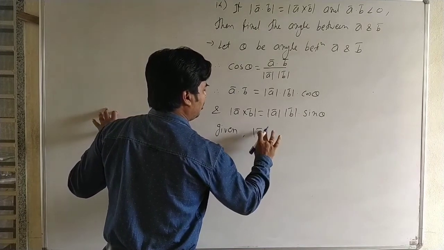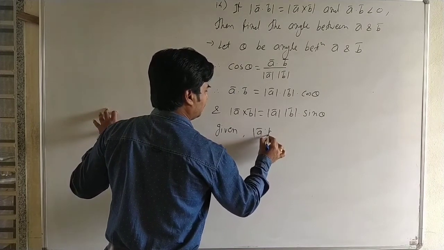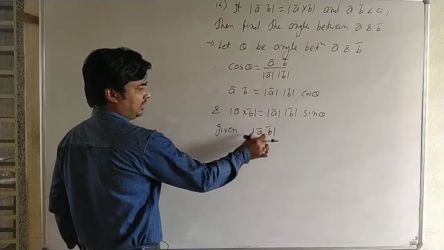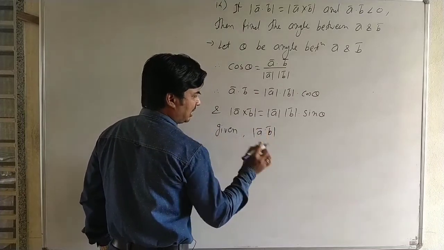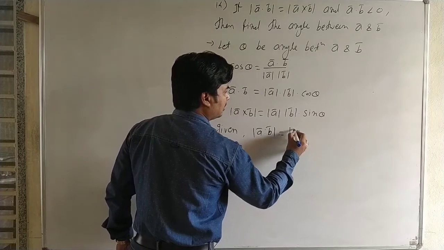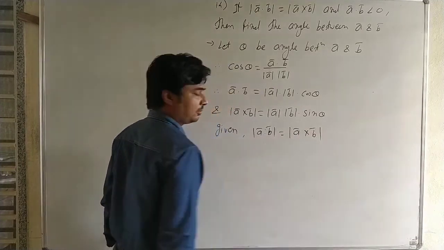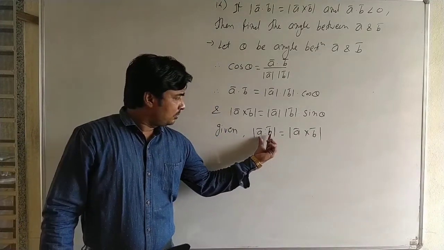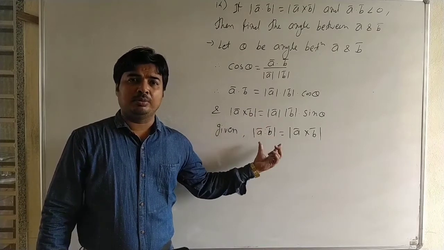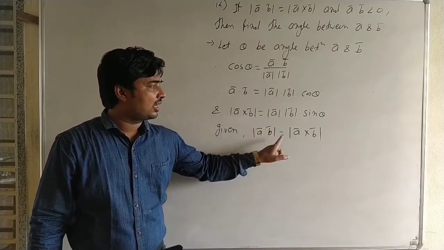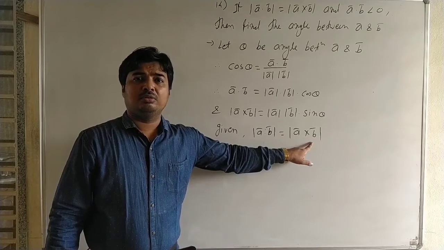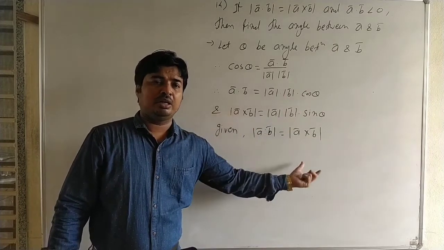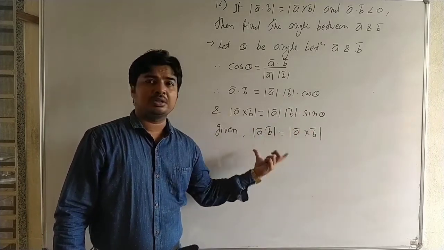Here given magnitude of a bar dot b bar, we simply write a bar dot b bar because the dot product is a scalar, but the cross product is a vector quantity, so we take the magnitude. This scalar and the magnitude are the same.